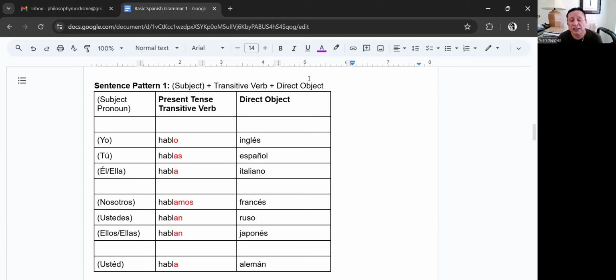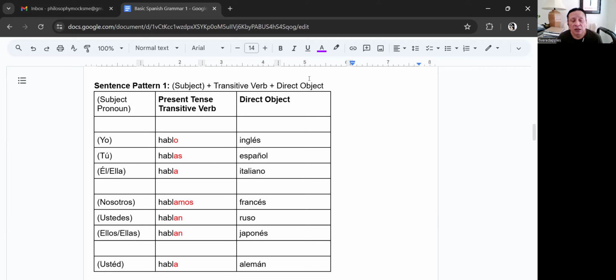If the word inglés didn't have that accent mark, the stress would fall on the first syllable, in, and you would say "inglés" with the stress on in. But that's why the accent falls on the E: it's telling you it's not inglés, it's inglés. So that's the purpose of the accents in Spanish: to tell you that the stress is not on the normal syllable, it's where the accent is.